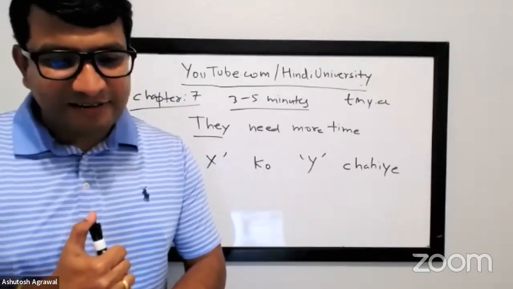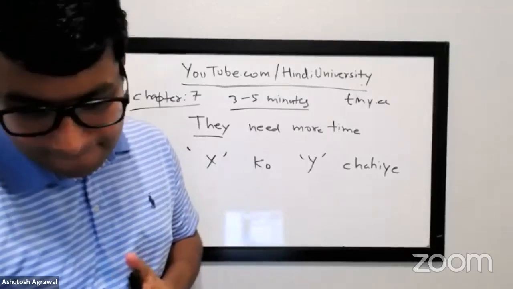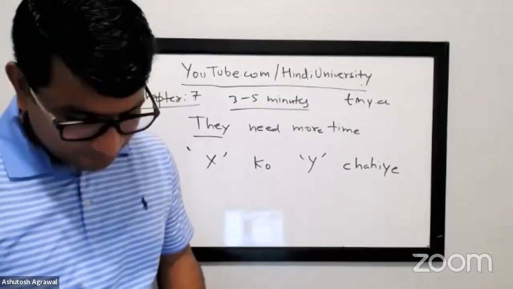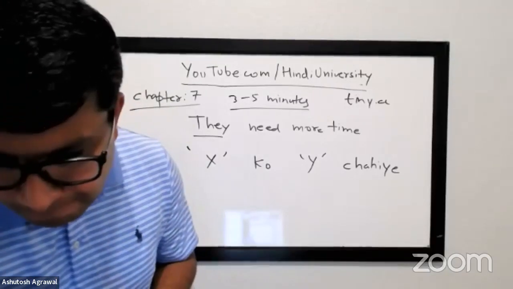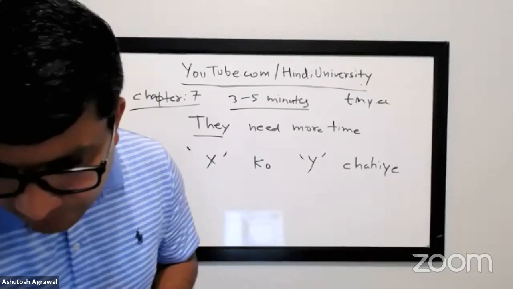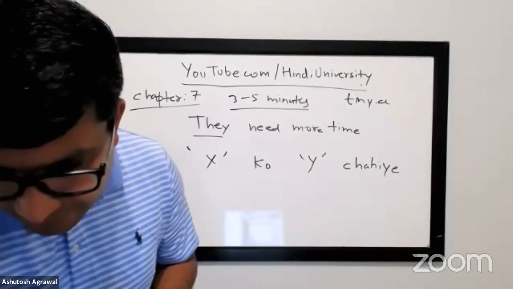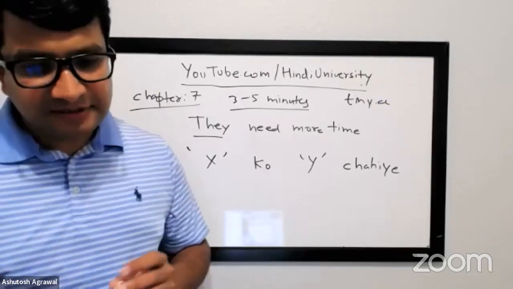Okay, very good. Anders ji, thank you so much. Anders? Yes, Anders, I think you can unmute yourself. Let me unmute you, Anders. Okay, I think you are unmuted, Anders.